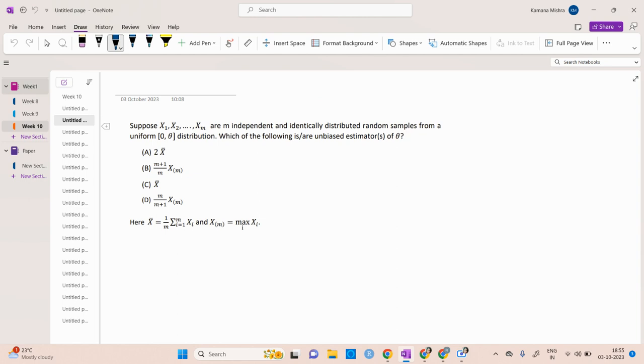Now what is given here is that x1, x2 up to xm are independently and identically distributed random samples, right?